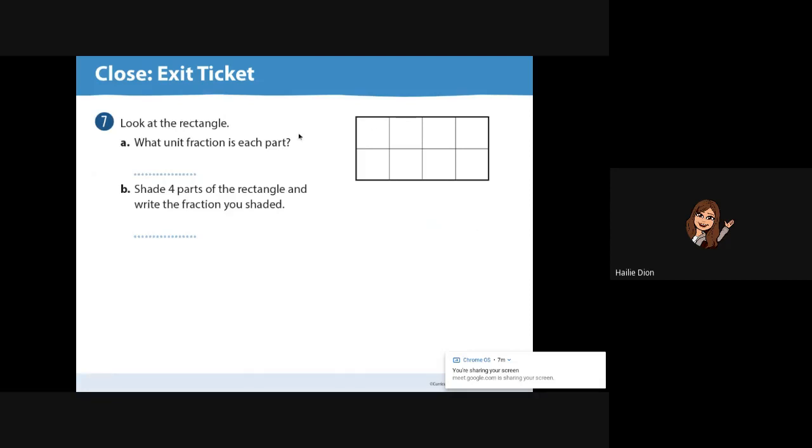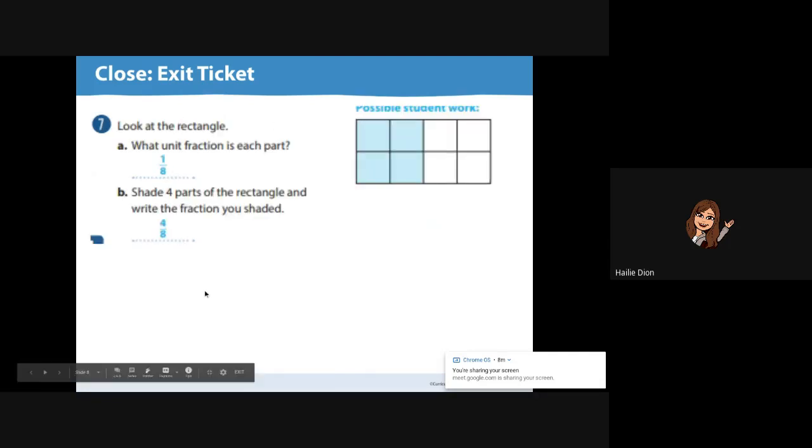And we know, because we're smart 3rd graders, that the total number of parts is our denominator. So the bottom number of your fraction would be 8. And we also know that a unit fraction has to have a 1 in the numerator. So that means we're just talking about this 1 square here. So that means it is 1/8. And then part B is just asking to shade in 4/8 and then to write the fraction there.